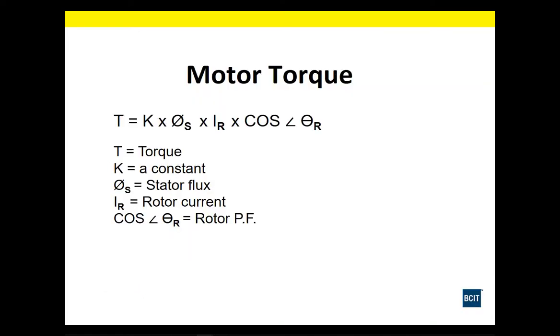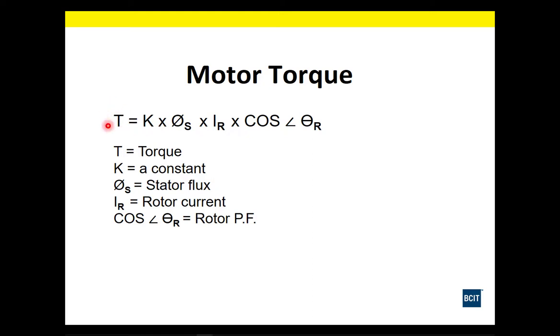So if we look quickly at this torque formula, which we're going to get into a little later on, just understand this formula here. We're not going to use it for calculations. This formula is purely as an explanation of what's going on here.